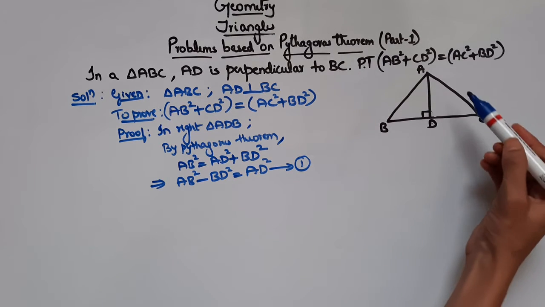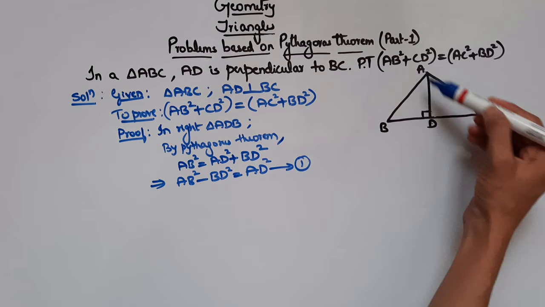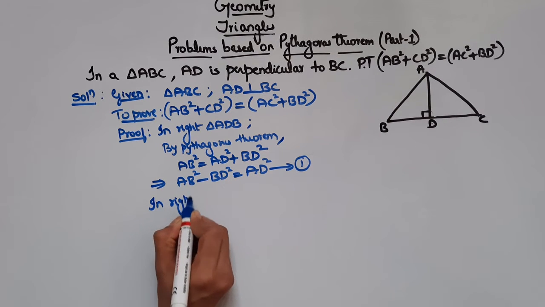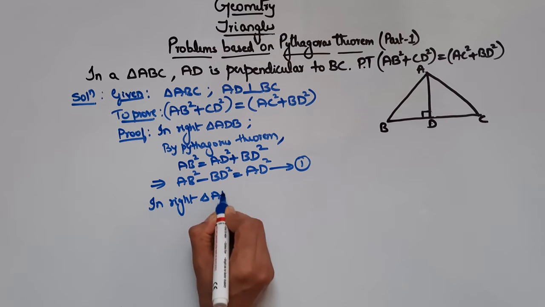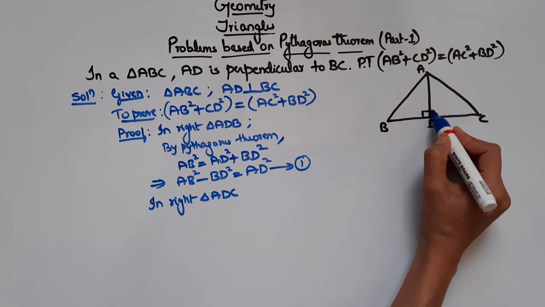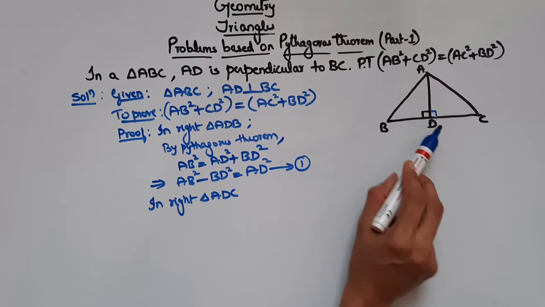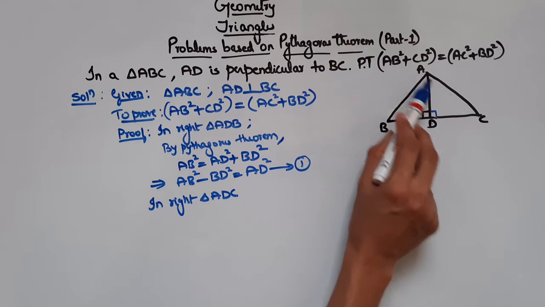Now let's see one more triangle, that is triangle ADC. In right angle triangle ADC, this is 90 degrees, so AC is the hypotenuse.